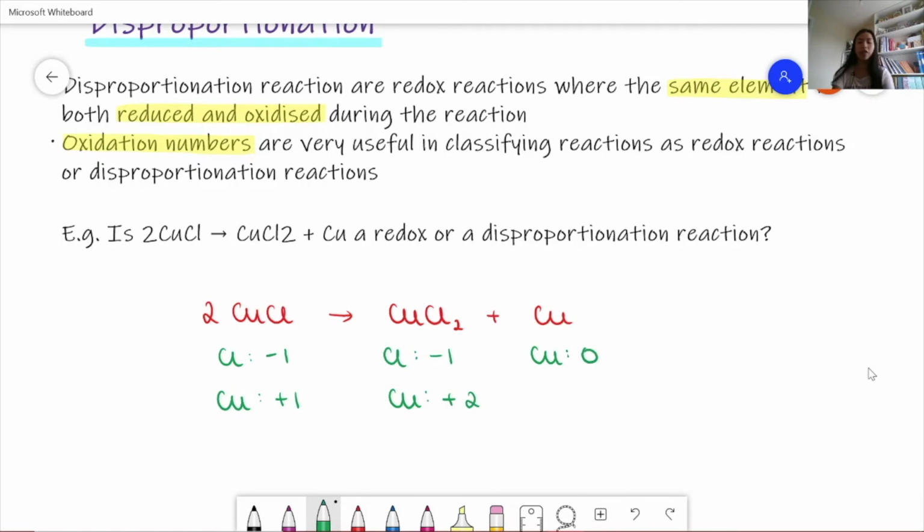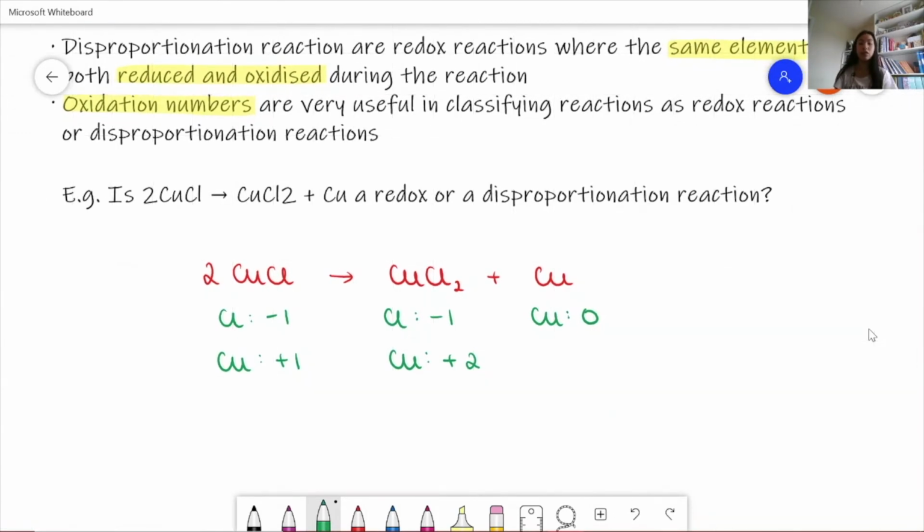And so now we can have a look at the oxidation numbers and see what's happened. We started off with the copper being +1. And then in the copper chloride which is formed, we have copper as +2. And then the copper which has been formed, the oxidation number of copper is 0. And so we can see that here we have gained in oxidation number.